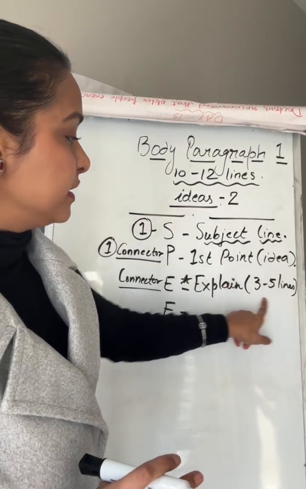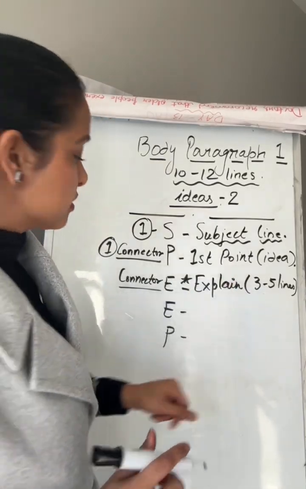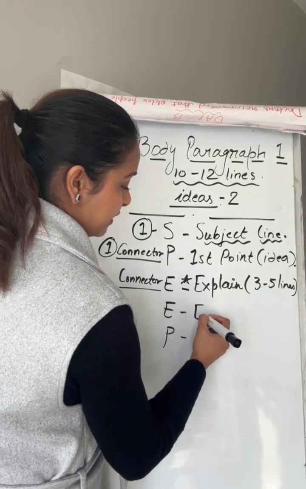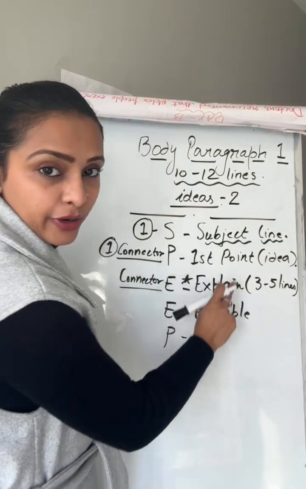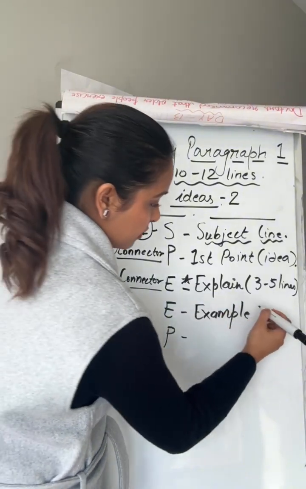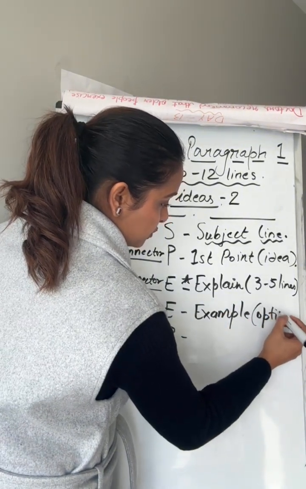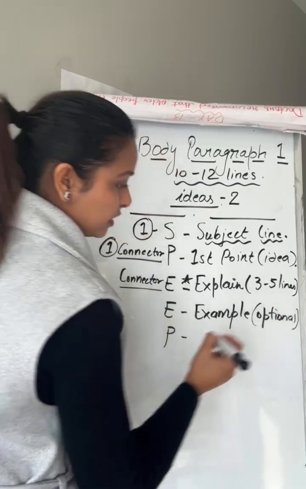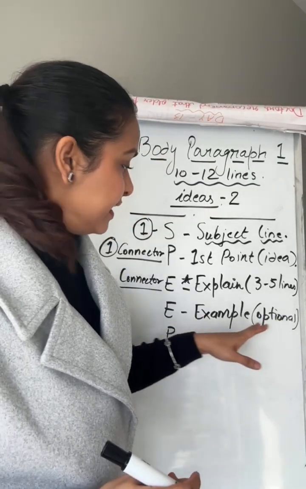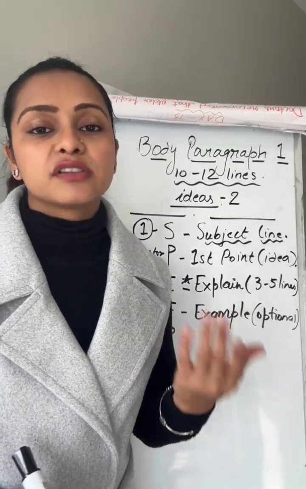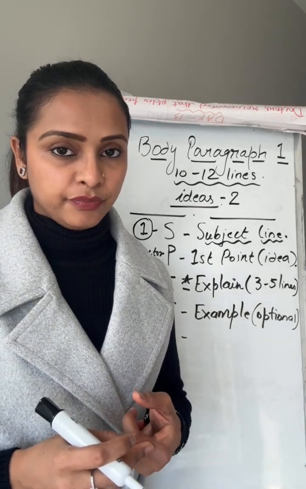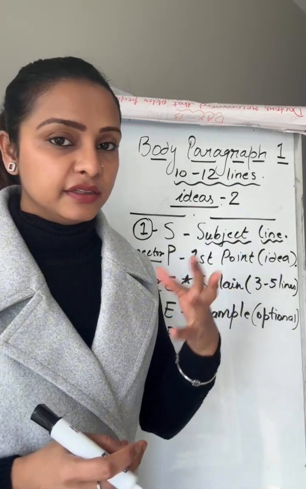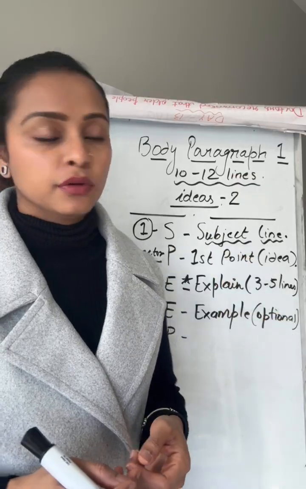After explaining this point in 3 to 4 lines, you will write an example related to this point. But this is optional. There is no need to write an example everywhere, but I would suggest you try to write at least one example in your whole essay, either in BP1 or in BP2.